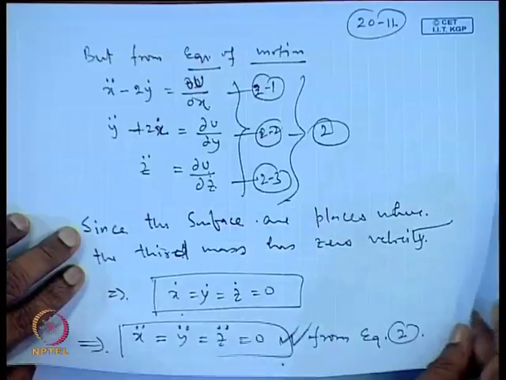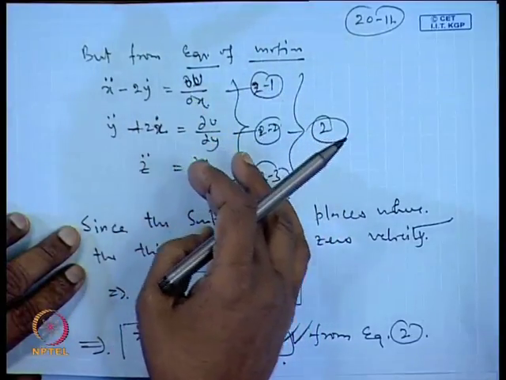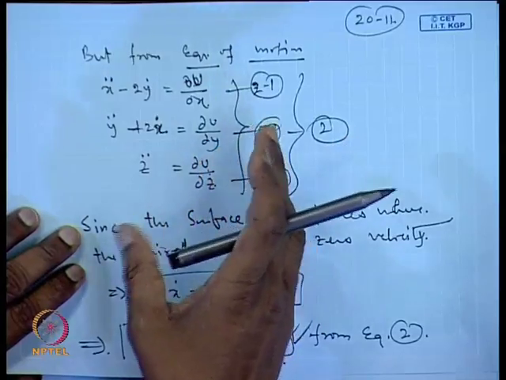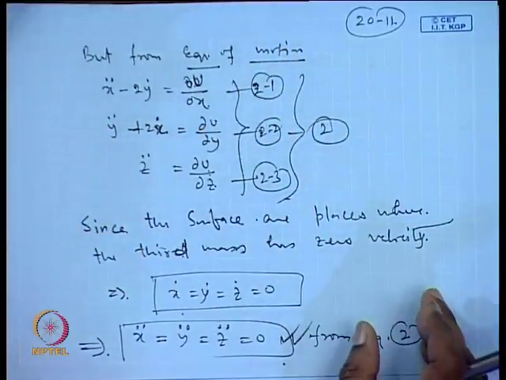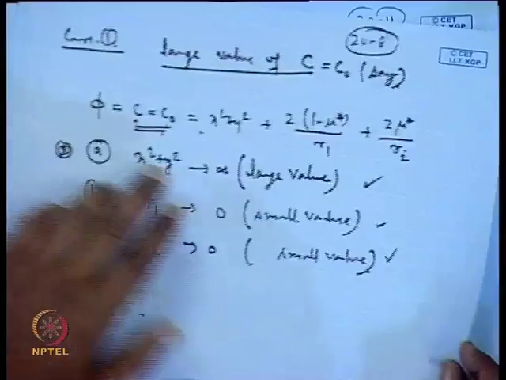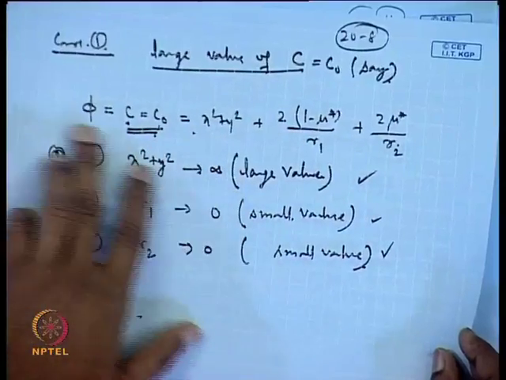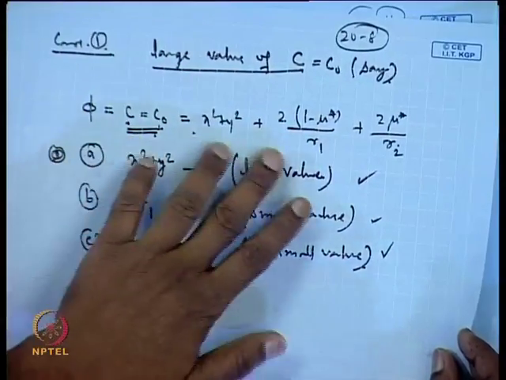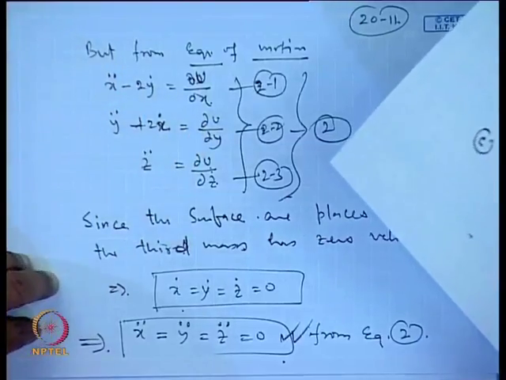Now we can see that the way we get it from the Jacobi integral, plotting in terms of the Jacobi integral, we write this in terms of u, where phi equal to 2u, and dou u by dou x, dou u by dou y, dou u by dou z equal to 0.